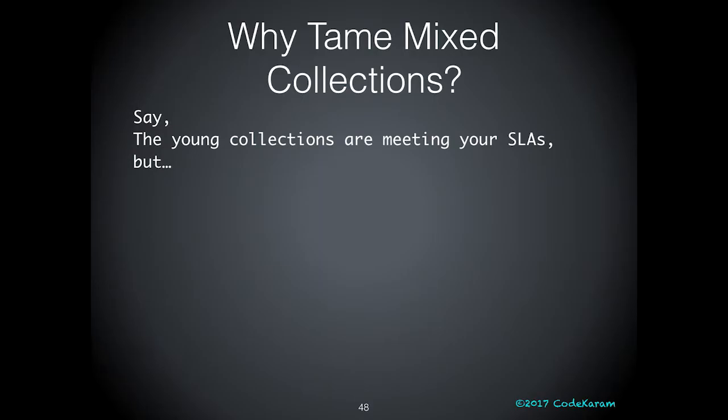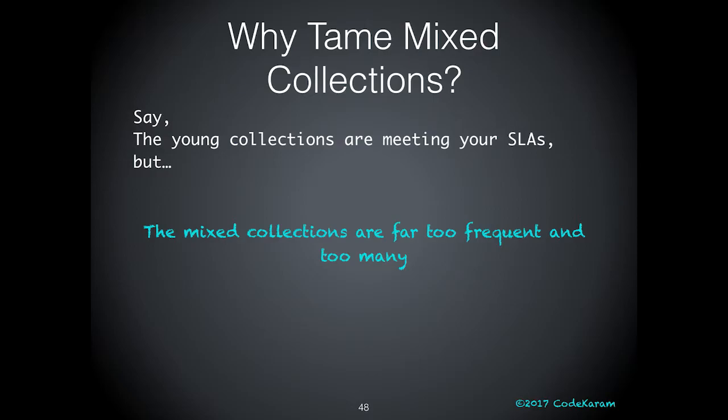Say your young collections are meeting your SLAs, so basically your service level agreements are met based on just the young collections alone, but the mixed collections are happening too frequently, so the GC overhead is increasing, or your mixed collections are blowing your SLAs, basically the latency, so they're more expensive. So either too frequent or more expensive, okay? That's the reason why you'll tune your mixed collections. If everything is happy and going nicely, why would you bother, right? So there are two reasons, frequency and latency.